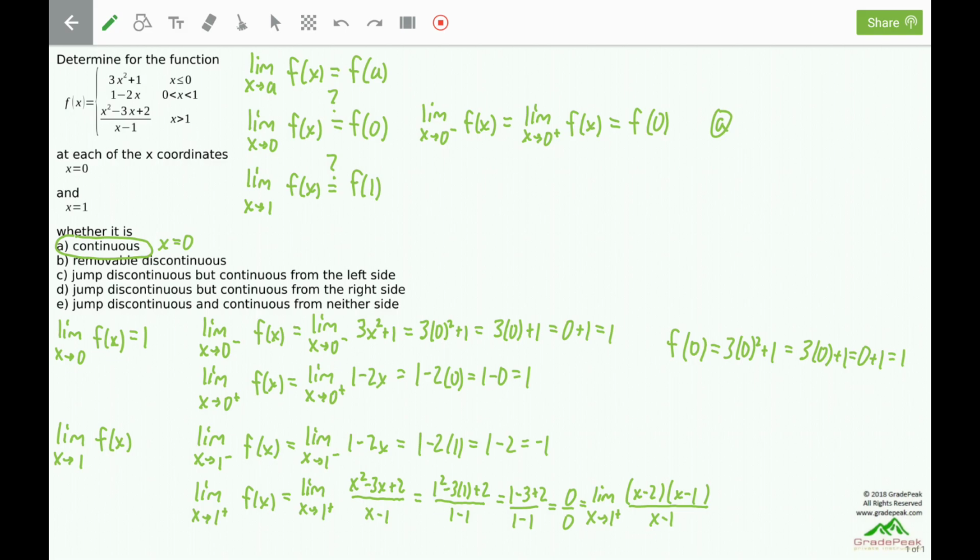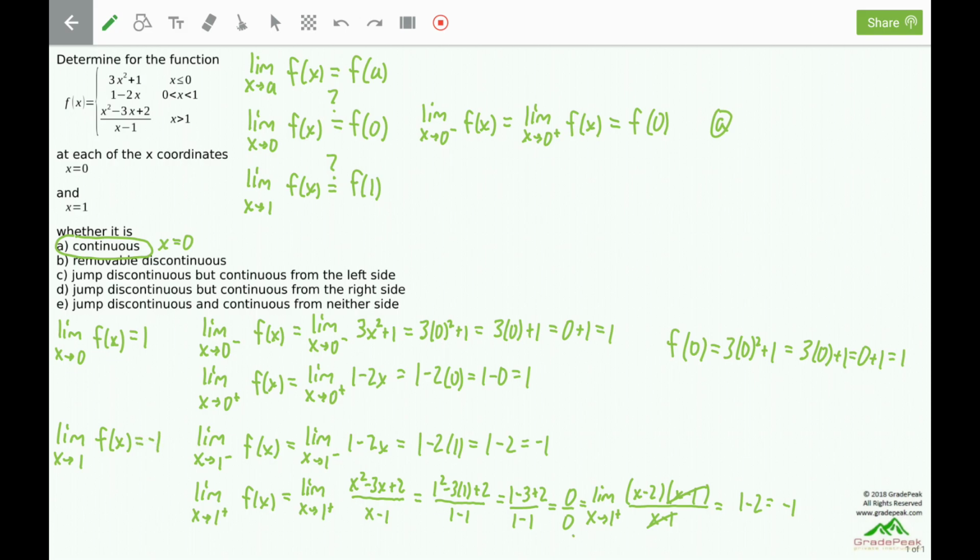And it is the x minus 1 factor that's making the 0 on both the numerator and denominator as x approaches 1. They can cancel. And now we can retry plugging a 1 in for the remaining x's, and that will give us 1 minus 2, which is a negative 1. The two-sided limit is determined by comparing the two one-sided limits. They match. Our two-sided limit here will be a negative 1.